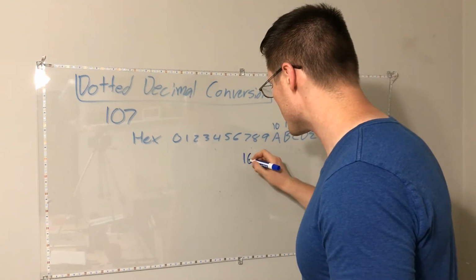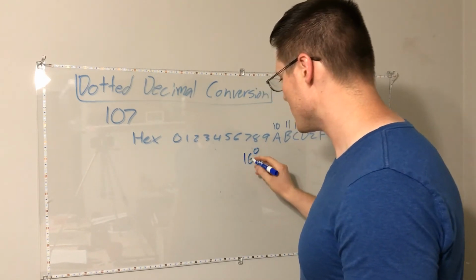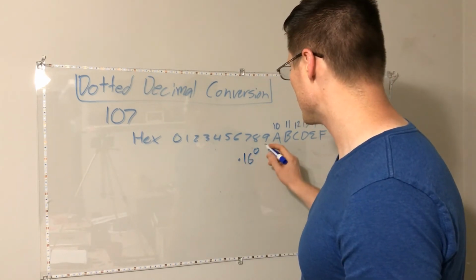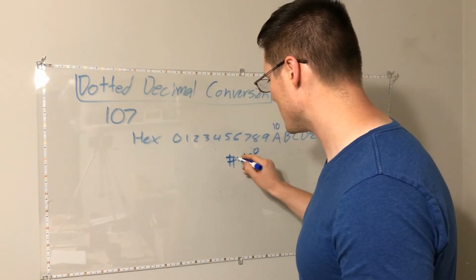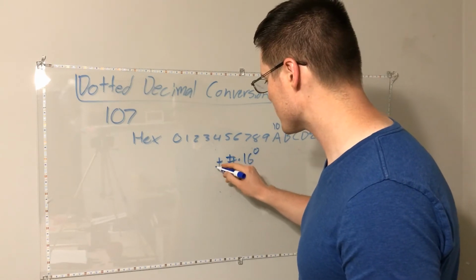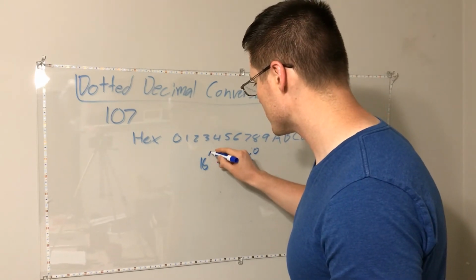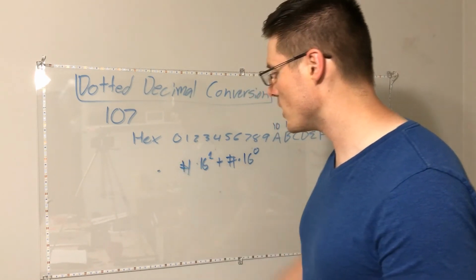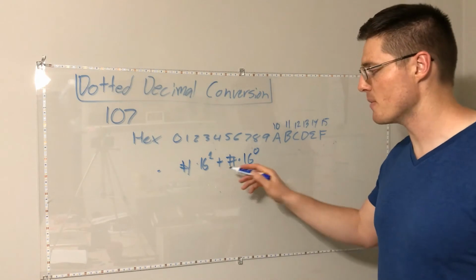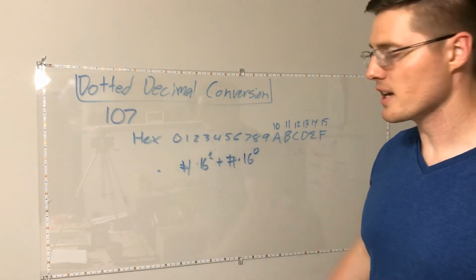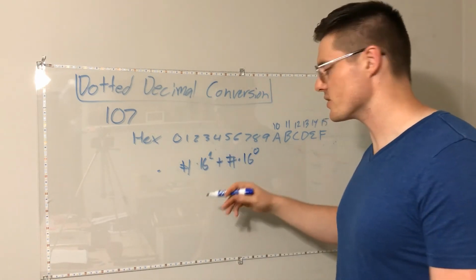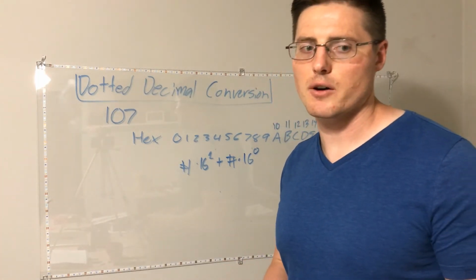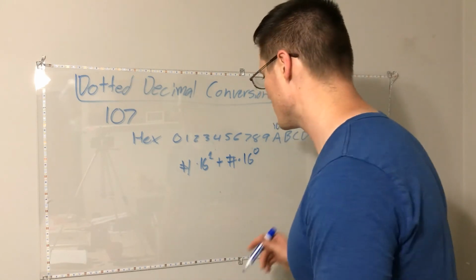And so the first position is going to be 16 to the power of 0 times the number of that slot plus 16 to the power of 1 times the number of that slot. And this can go on forever, and that's what memory addresses do.